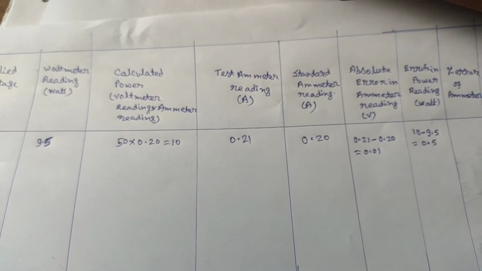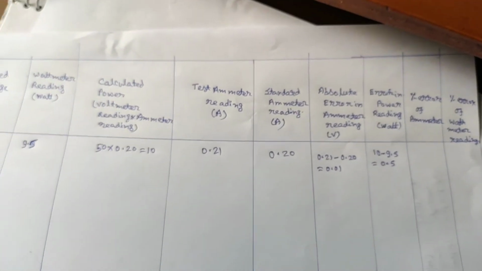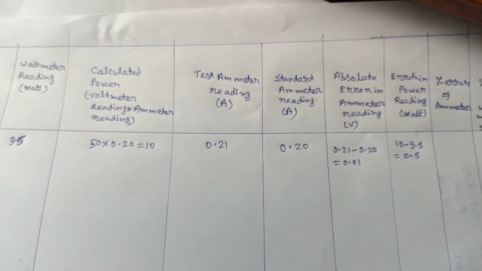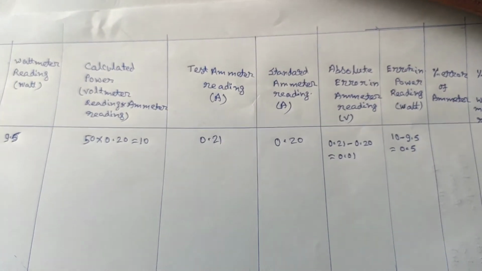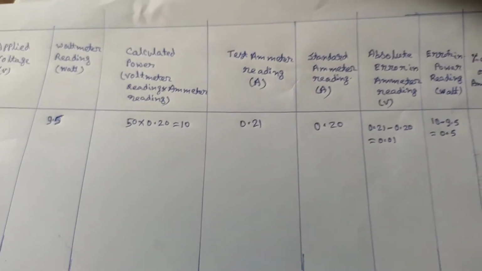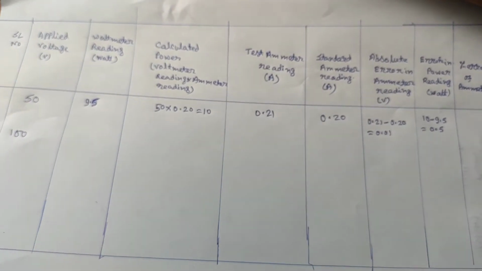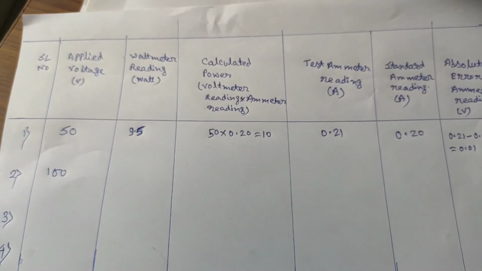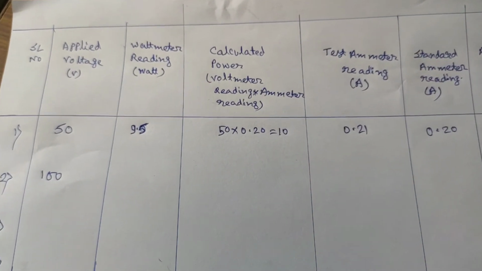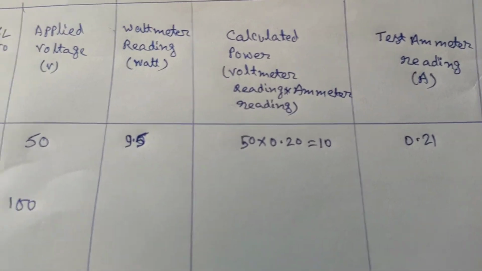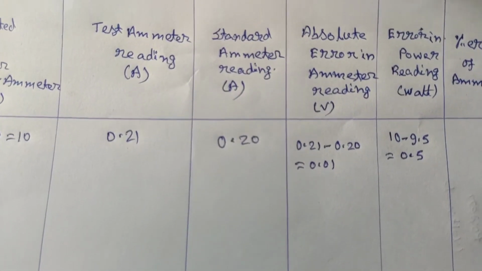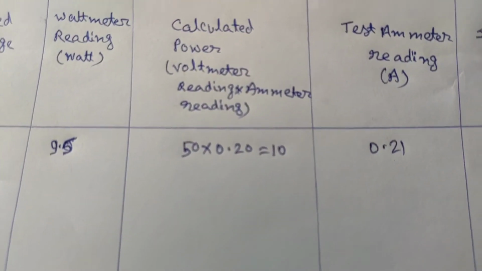Now what is the wattage that we can calculate from the standard ammeter reading and the standard voltmeter? You know, this is a DC circuit, so only V into I will give you the power. No cos theta is required, no power factor is required. So we have just multiplied the voltage reading with the standard ammeter reading, and the wattage we are getting here is 10.